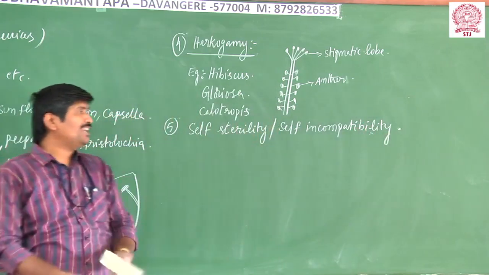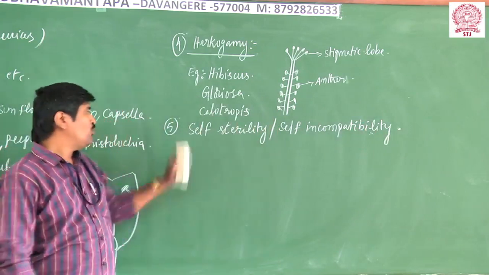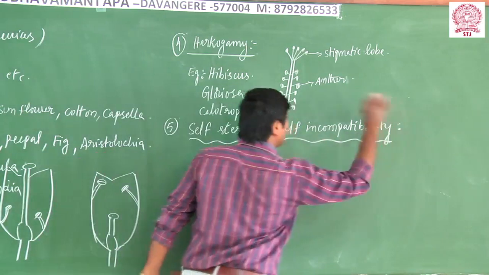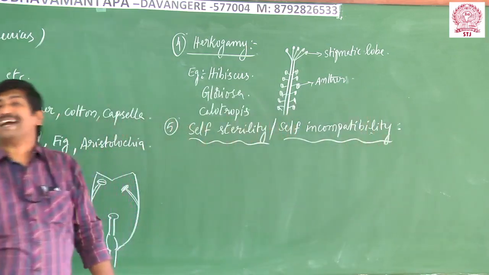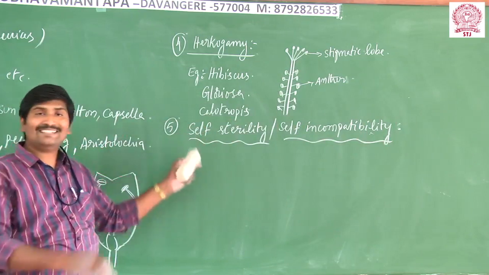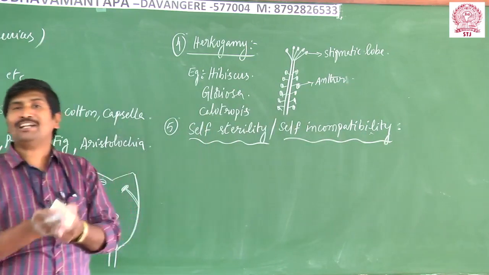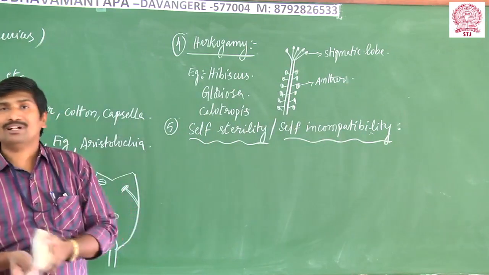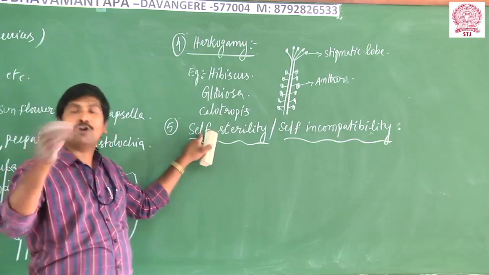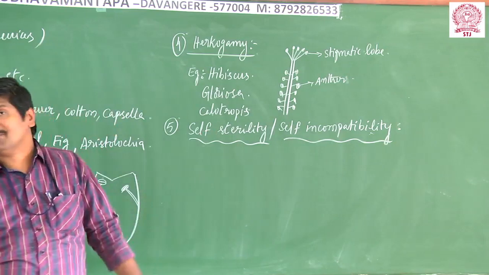What is self-sterility and self-incompatibility? See here, when the pollen grain lands on the stigmatic lobe from the same flower, that pollen grain does not germinate on the stigmatic lobe.